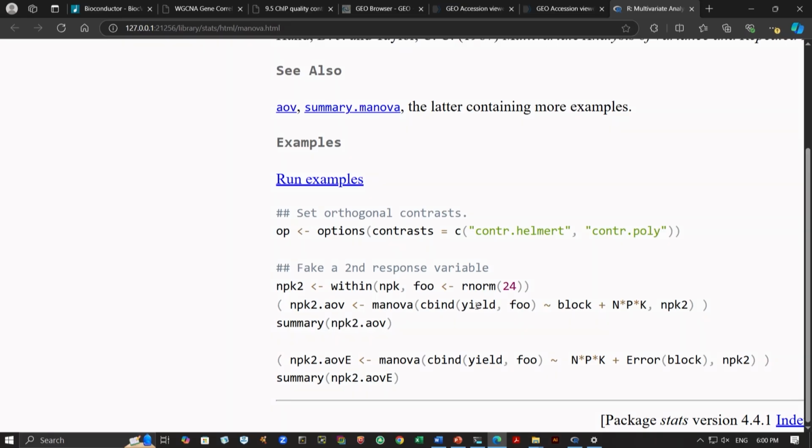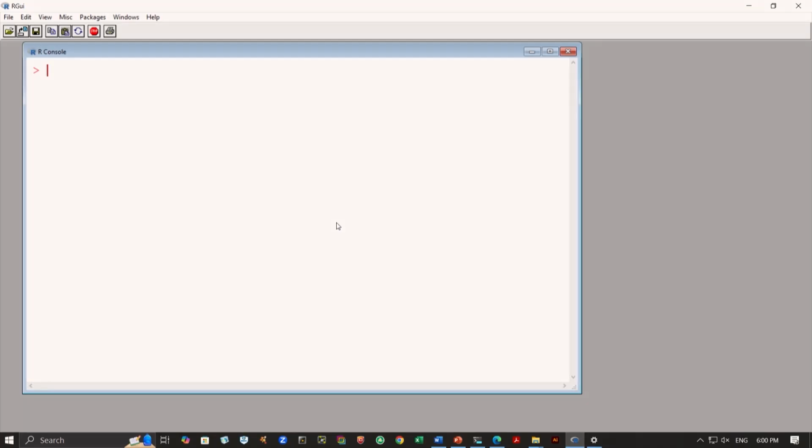So, let us try this out, and I'll go back to R now. Model new, cbind. What are the two dependent variables that we can use?